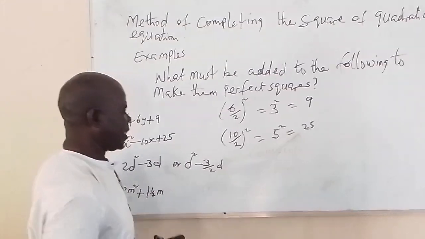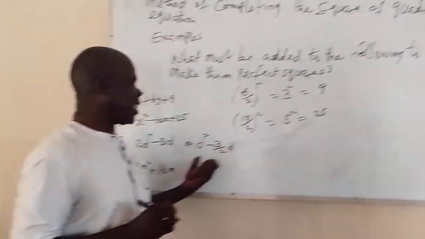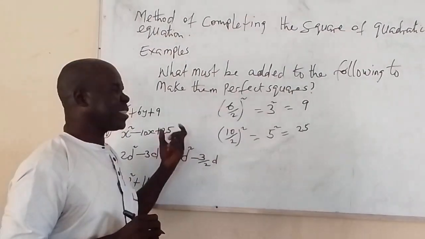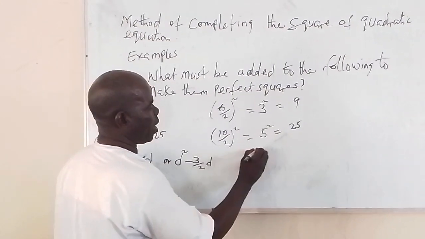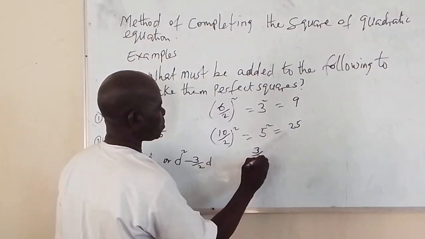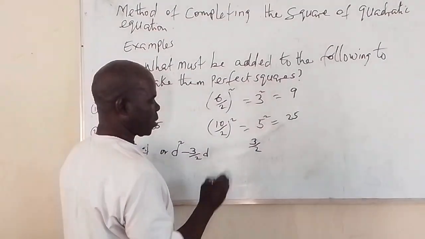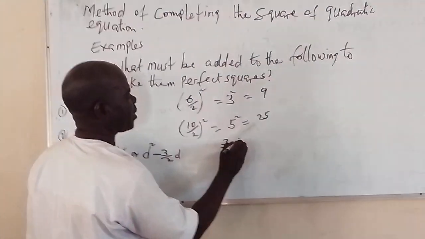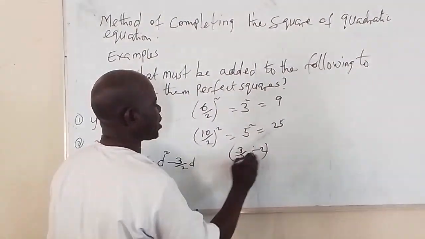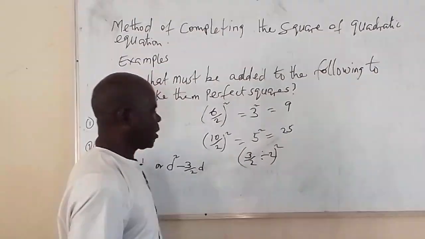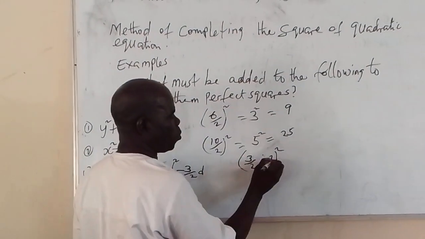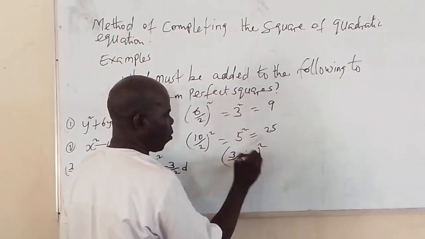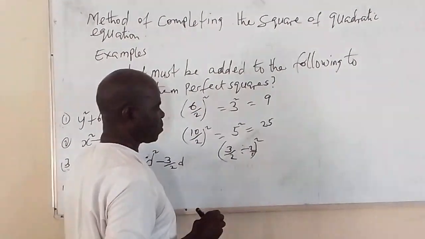Then I'm going to take the coefficient of d now and divide it by 2 and square the result. Let's take the coefficient of d, which is 3 over 2. Divide it by 2 and squaring the result, we will have this one. This is a fraction, so the second one should be written like 2 all over 1 in order to balance the fraction.